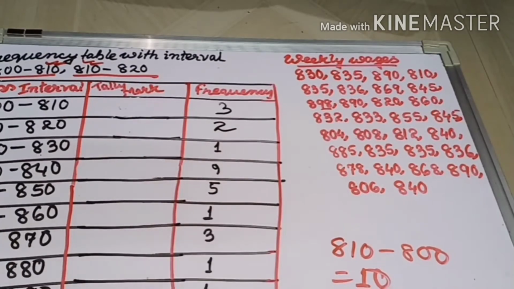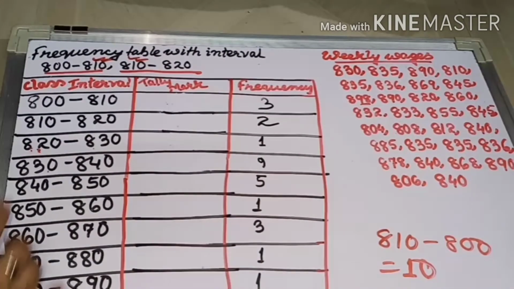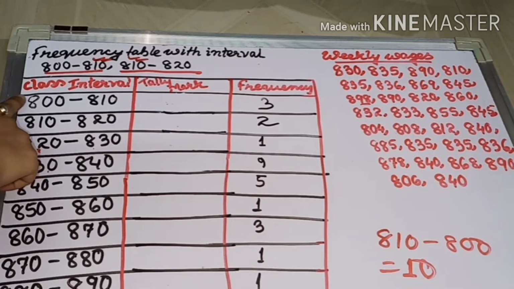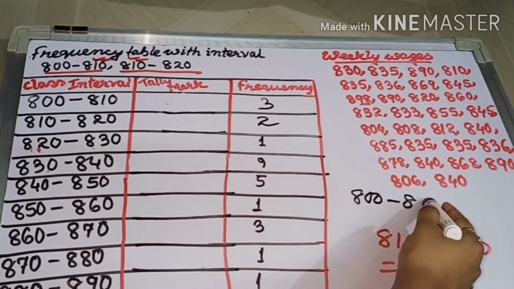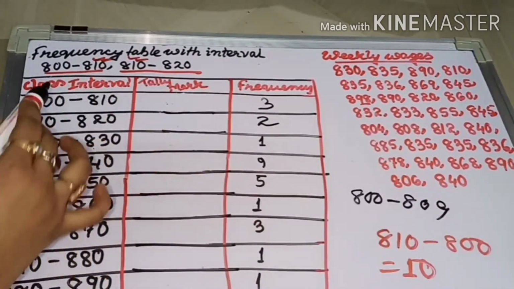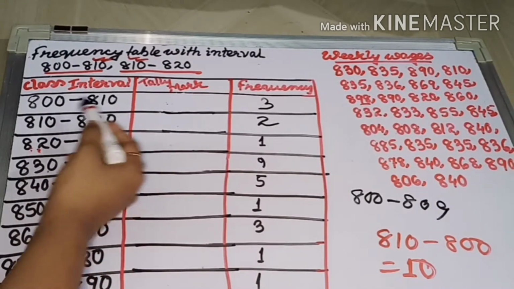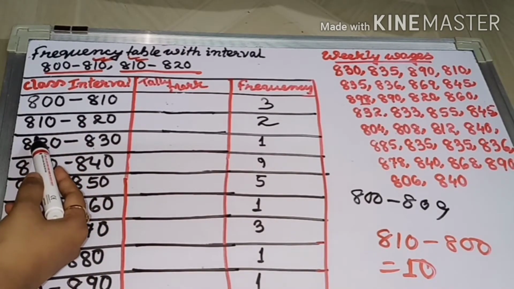Now next is 800 to 810. From the exclusive class interval we have learned that if it is 800 to 810, we have to count 800 to 809. 810 we should not count, 810 will be counted in the second group, right?